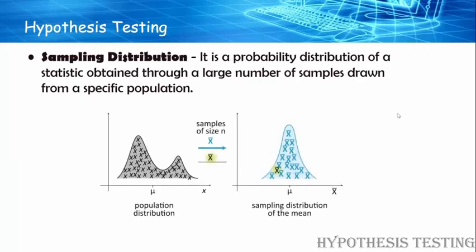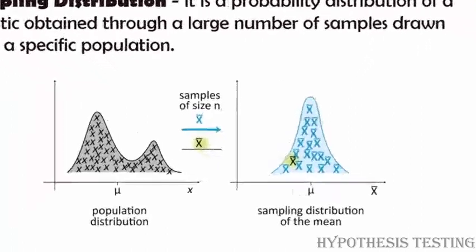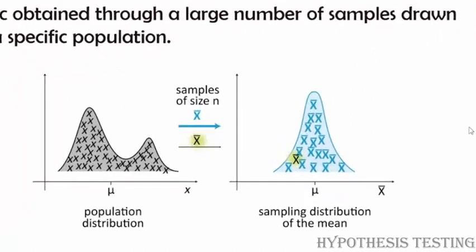Here you can see a graph of a population distribution. We have taken only one kind of example with respect to X, and finally we end up with this smaller graph. It is like a portion taken from a specific population. That is the sampling distribution of the means.